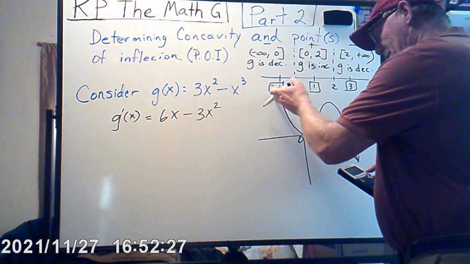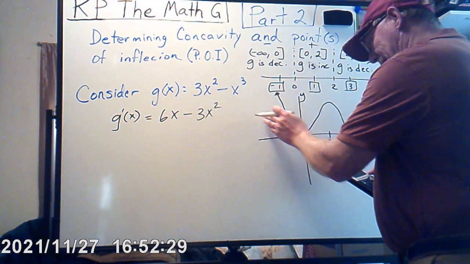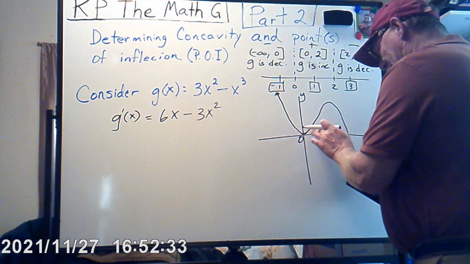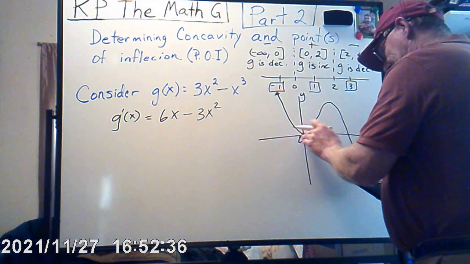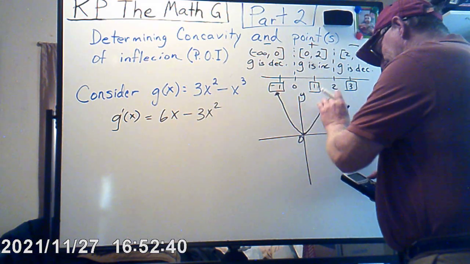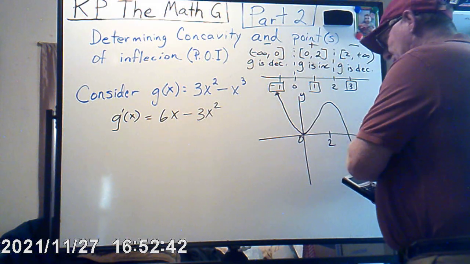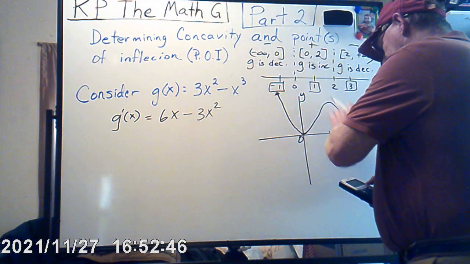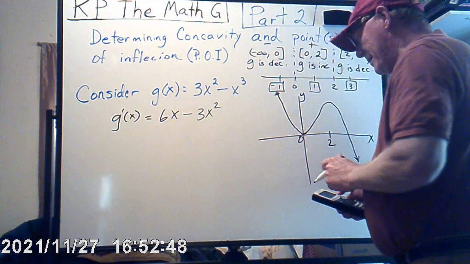So we know that from negative infinity to 0, G is decreasing. Between 0 and 2, G is increasing. This is decreasing, this is increasing, and then from 2 to positive infinity, we have G decreasing once again.